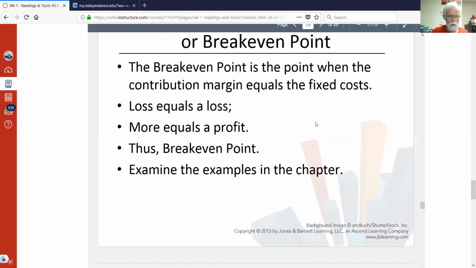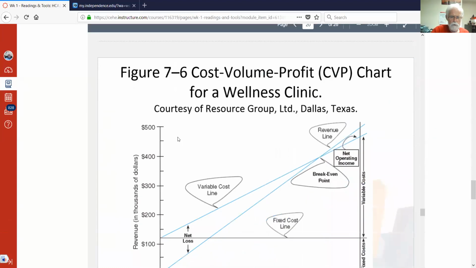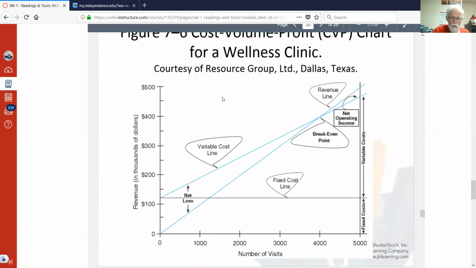And so we use that as a way of determining what charges are going to be there and what we need to have.